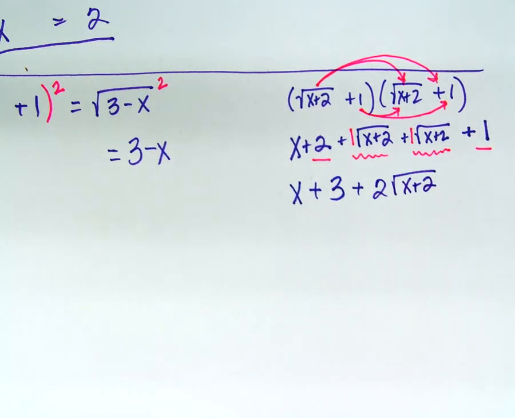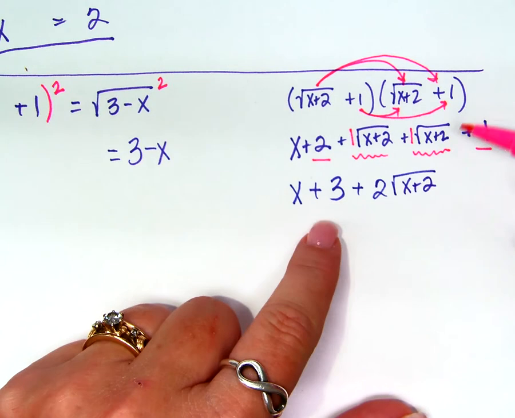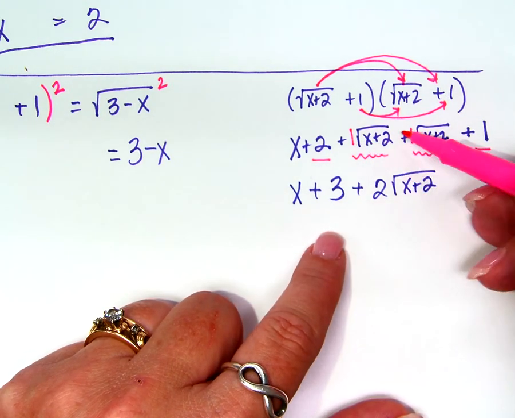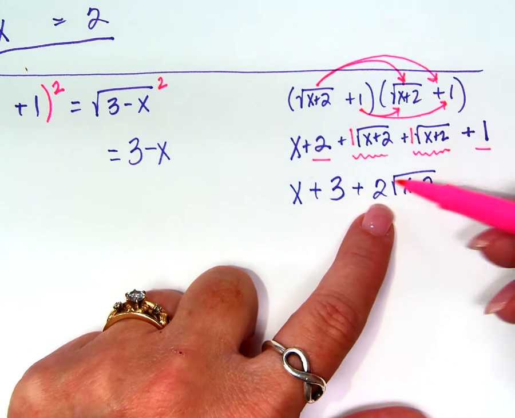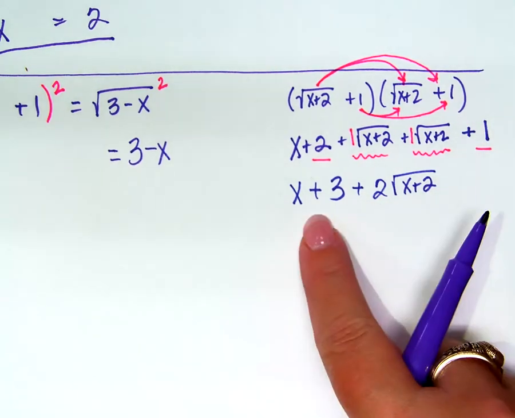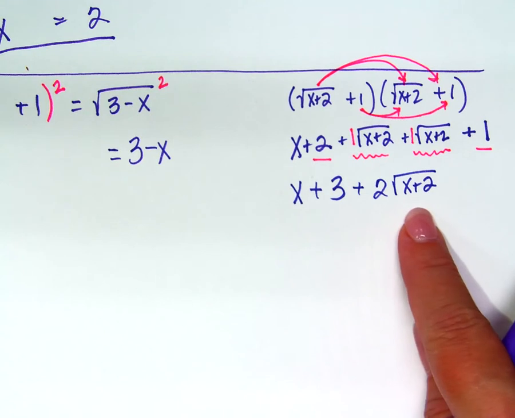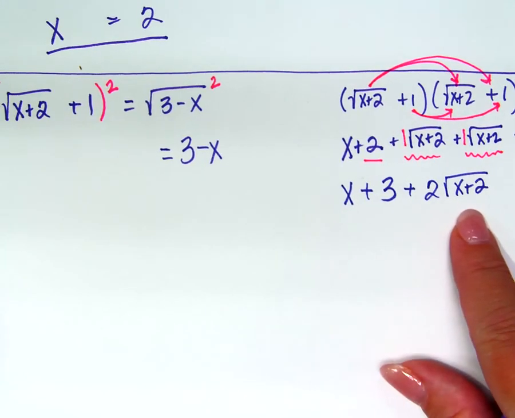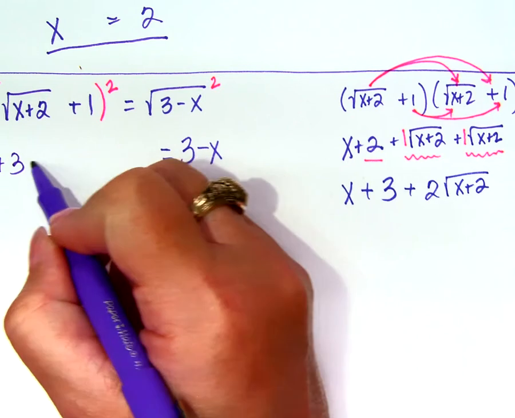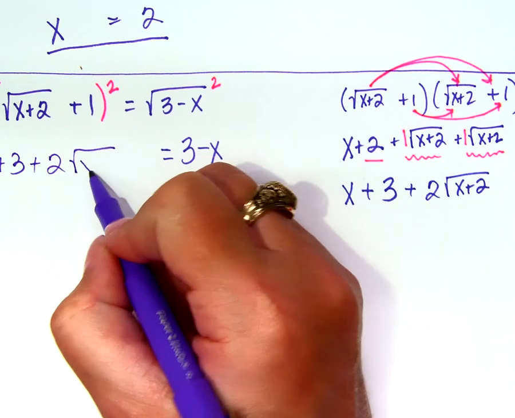You okay with that? So you remember a minute ago when we pretended this number was actually a 4? If I had a 4 square root of x plus 2 plus 4 square root of x plus 2, what would I have right here? 8. You okay with that? Good. So this, can I simplify this any further? No. So it's what actually goes over here. X plus 3 plus 2 square root of x plus 2.